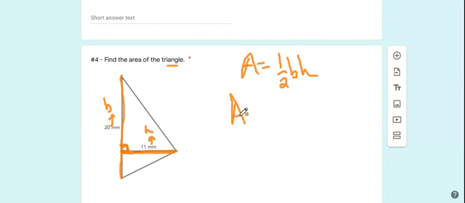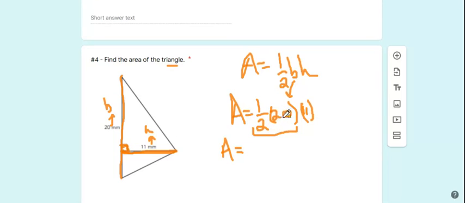So area equals 1/2 times the base. Base is 20 times the height. Height is 11. Okay, so area equals, let me focus on this first. What's 1/2 times 20? 1/2 of 20. Notice how I'm saying of. Of, we know, means multiply, right?